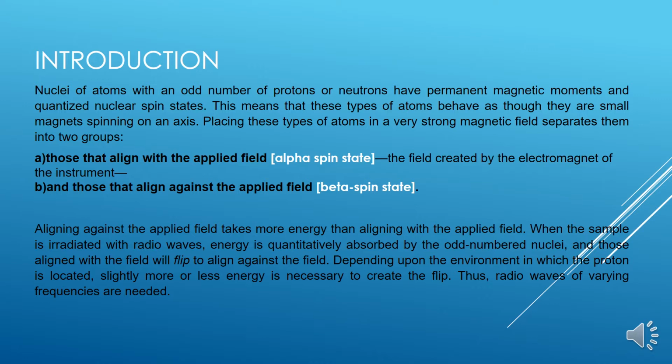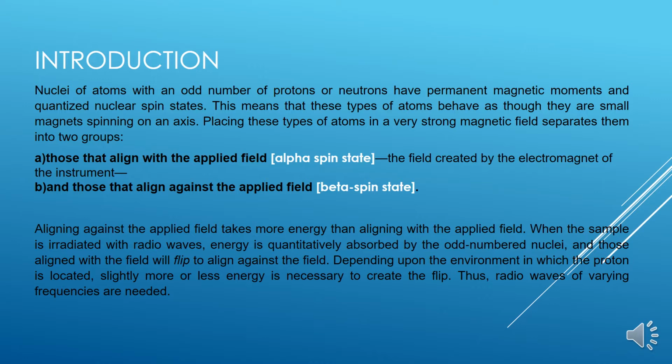When the sample is irradiated with radio frequency waves, energy is quantitatively absorbed by the odd-numbered nuclei, and those aligned with the field flip to align against the field. Because of that, resonance takes place. Depending upon the environment in which the proton is located, slightly more or less energy is necessary to create the flip.